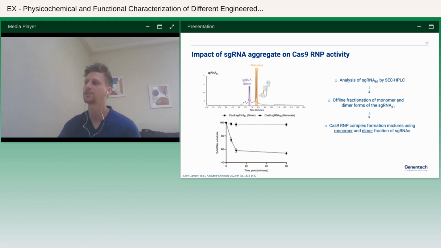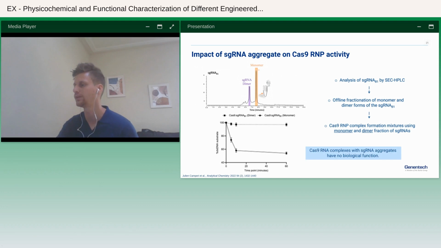And we formed the complex for each of them. And you can see that when we form the complex with the dimer, we don't have biological function. The biological function is only from the monomer, meaning that when we edit the guide RNA and increase the percentage of monomer, it makes sense that we have a better on-target activity of our complex.